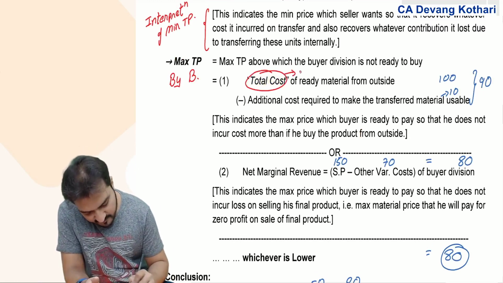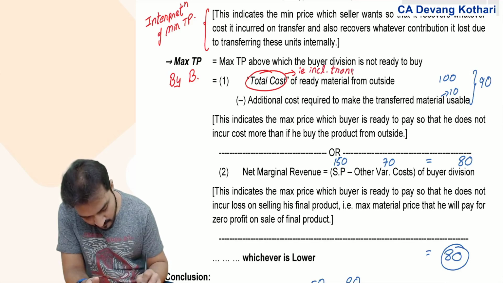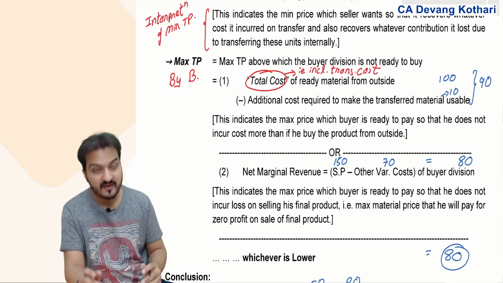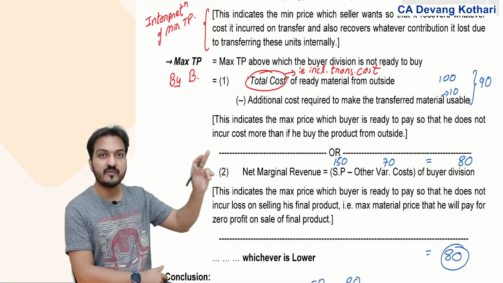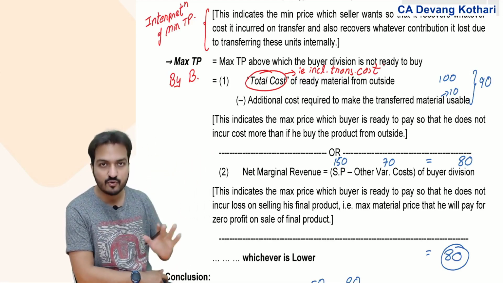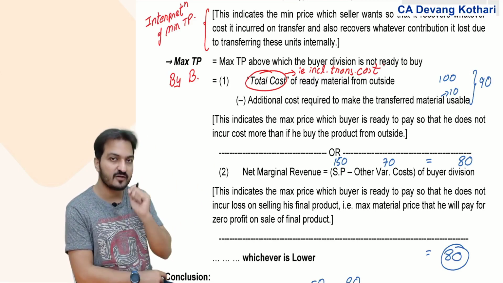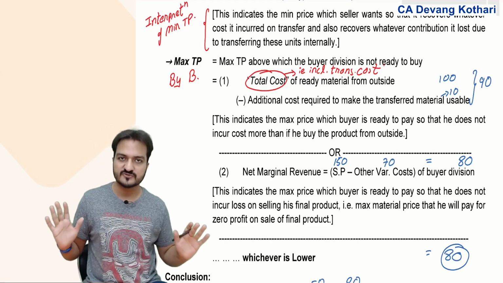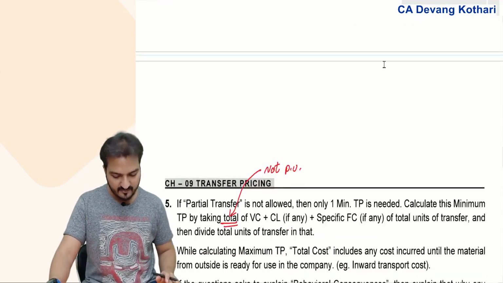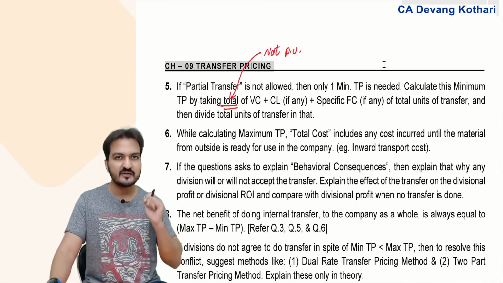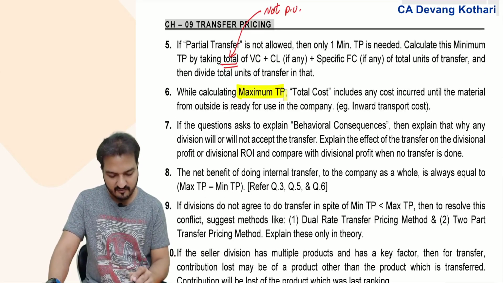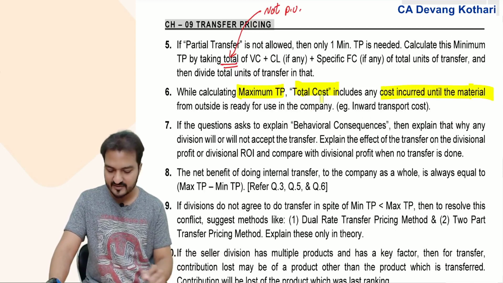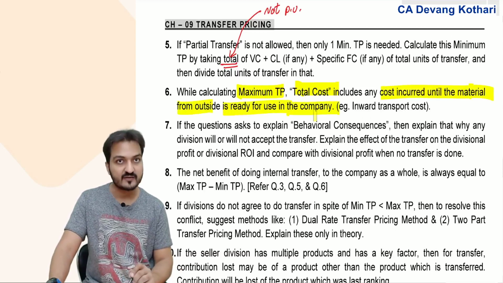Total cost means including the transport cost or any such cost which is incurred until the ready material reaches my factory and it is ready to use. The total cost of ready material means whatever costs I incur until that material is ready to use by the company.